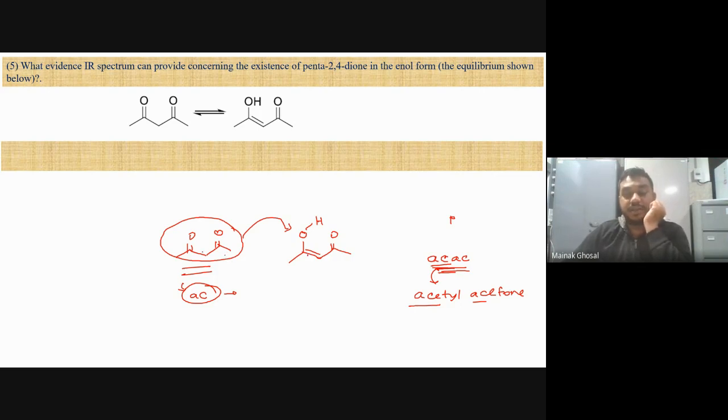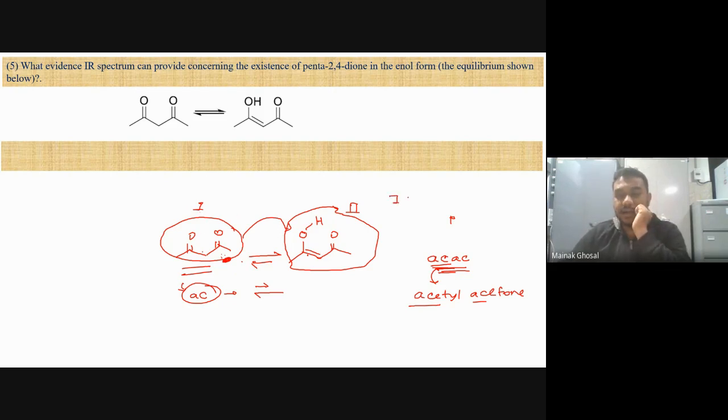Suppose I name this 1 and this 2. If 1 is more stable than 2, the equilibrium will be shifted to that side, so that will be the correct arrow.